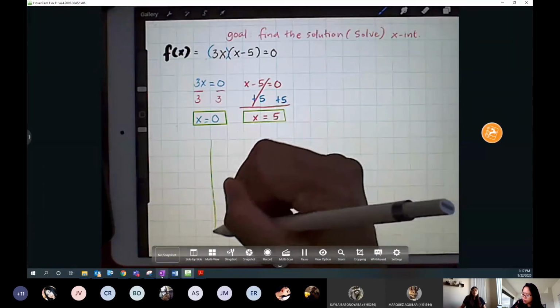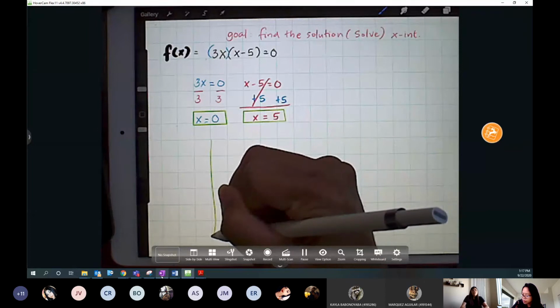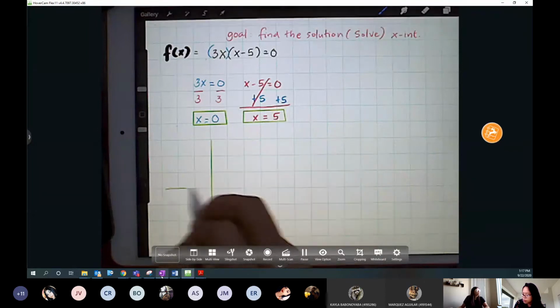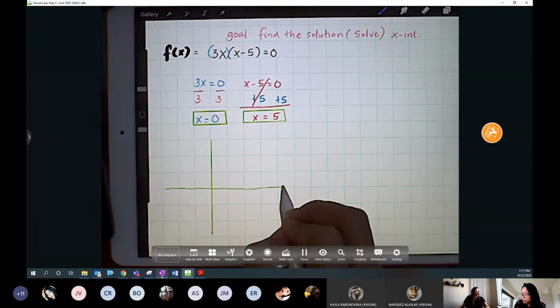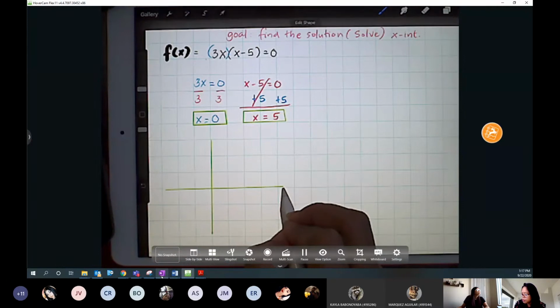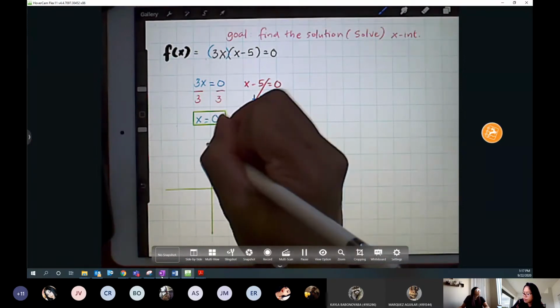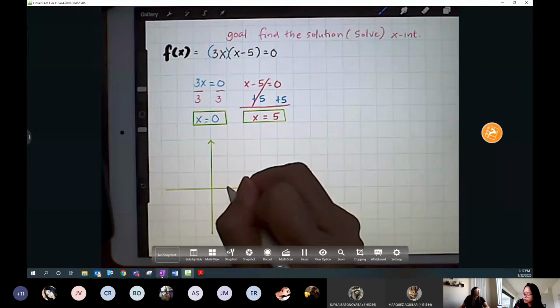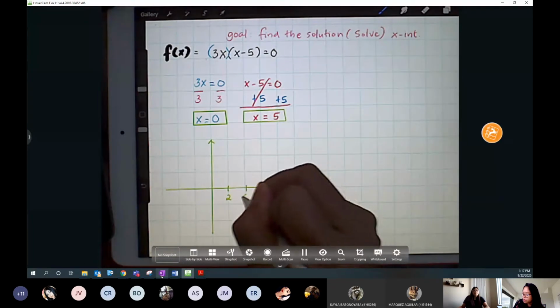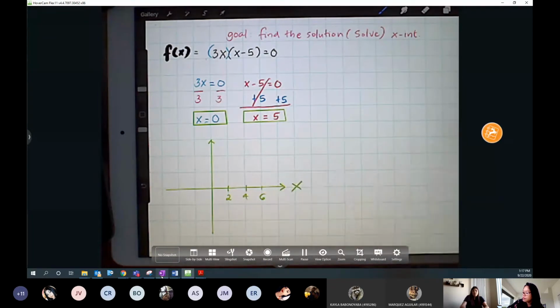Okay, so we do a little quick graph. This is our x-axis, 2, 4, 6.